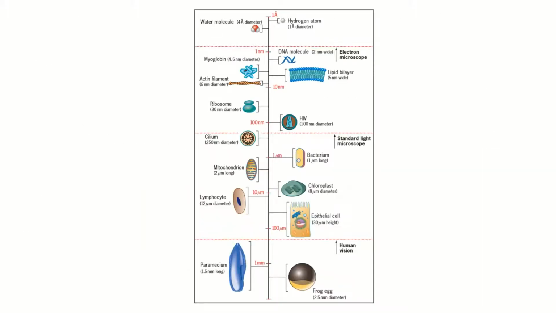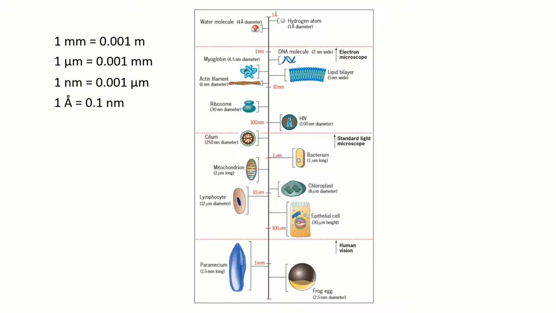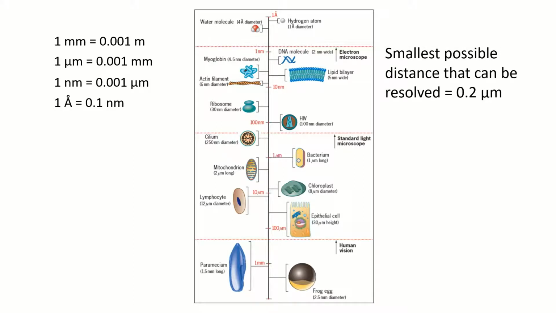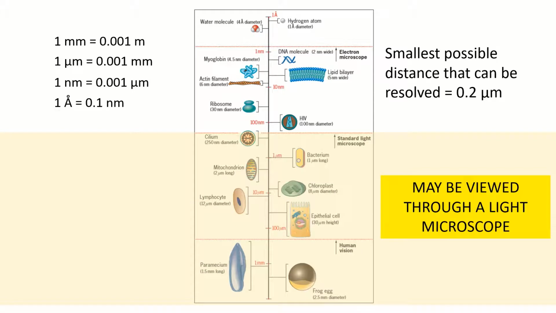So here we have a series of images with different sizes. These are molecules from atoms actually to the size of a frog egg. And notice here our conversion factors for length. Since the smallest possible distance that can be resolved through a light microscope is 0.2 micrometers, we can therefore say that we are only able to view the specimens highlighted in yellow through the microscope.